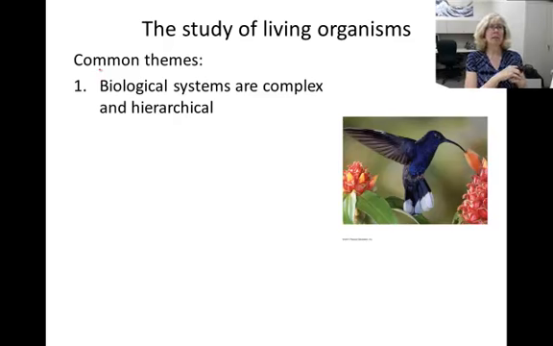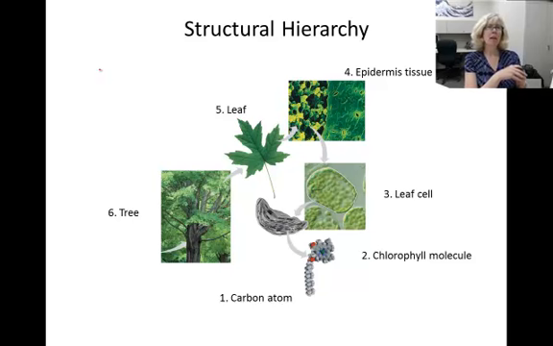So of these themes, let's take a few minutes to think more about the first, which is the idea of hierarchy. A structural hierarchy in biology is shown here in an image from your textbook. We can start with a single carbon atom, shown as a gray ball, as the simplest level of complexity. Carbons combine with other atoms to make a chlorophyll molecule.